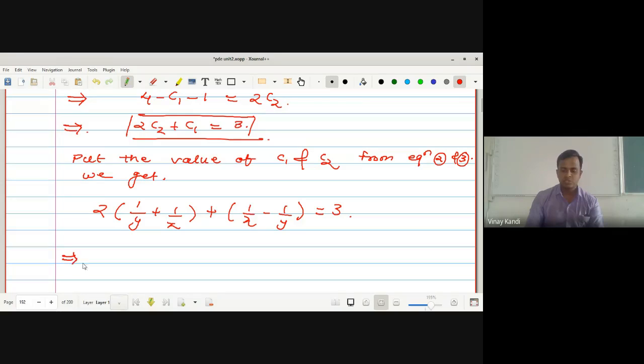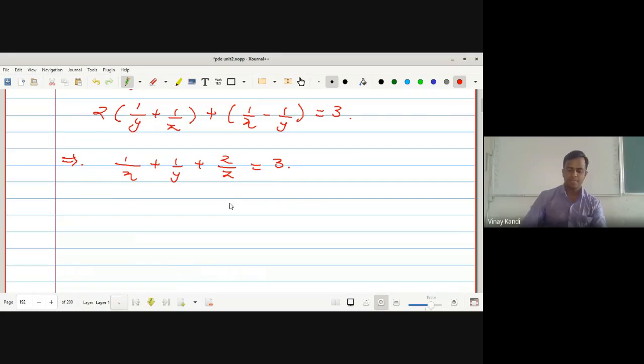Now solving this, we get 1 upon x plus 1 upon y plus 2 upon z is equal to 3. After simplification, we get this one. And this is the required integral surface which passes through the given curve xy is equal to x plus y and z is equal to 1.